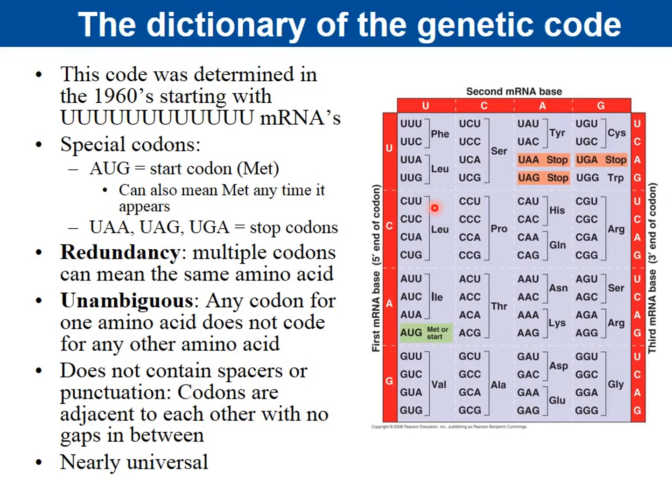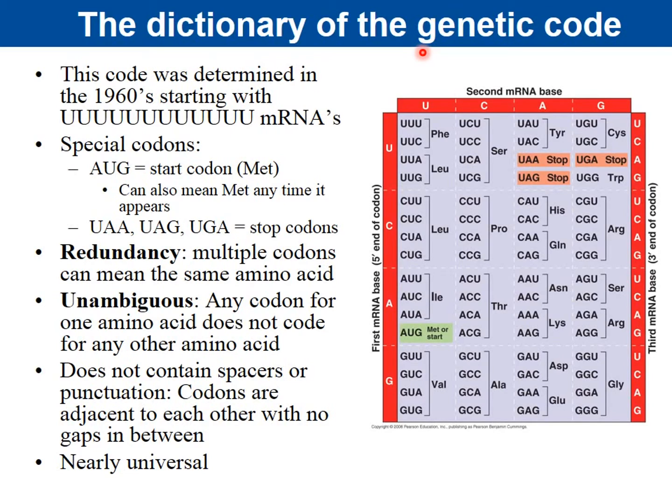And so multiple codons can give you the same amino acid. So because of that, we say that the genetic code is redundant. And so remember, there are 64 possible codons, but there are only 20 actual amino acids, and that's because the genetic code is redundant.